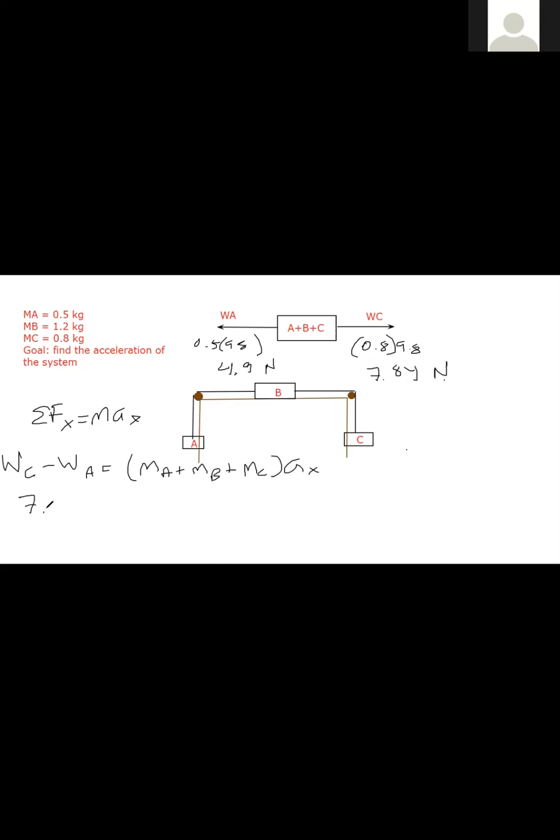So we have 7.84 minus 4.9 equals (0.5 plus 1.2 plus 0.8) aX. aX equals 2.94 divided by, oh, this is 0.8, sorry, 2.5. I was thinking 2.5 in my brain. 1.18 is the acceleration in the X direction.